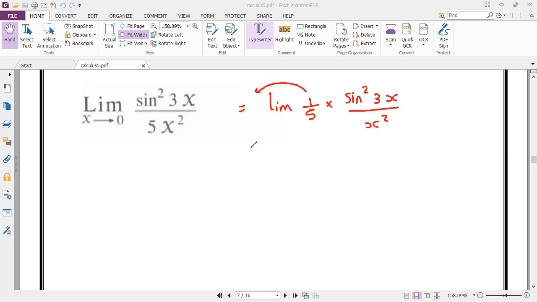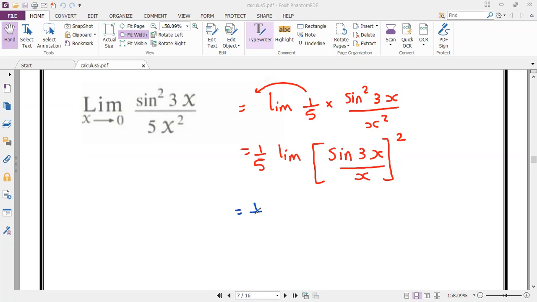So we can write it as 1/5 multiplied by the limit of sine squared 3x over x squared. We can write it as sine 3x over x, all raised to the power of 2, because sine 3x multiplied by sine 3x is sine squared 3x, and x multiplied by x is x squared.